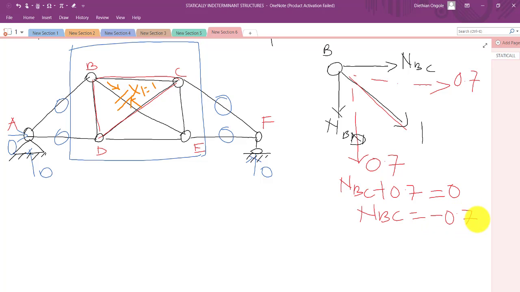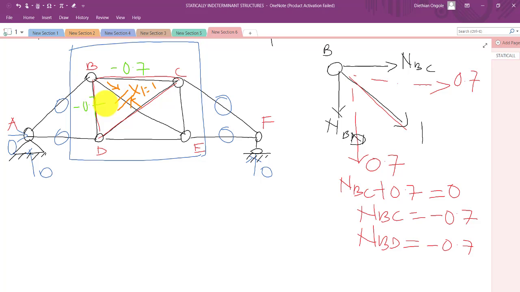Likewise, you do the same for the forces in the y direction. Then we find that our N BD would be equal to negative 0.7. Thus, we indicate our forces on this truss. This is negative 0.7, this is also negative 0.7, like that.